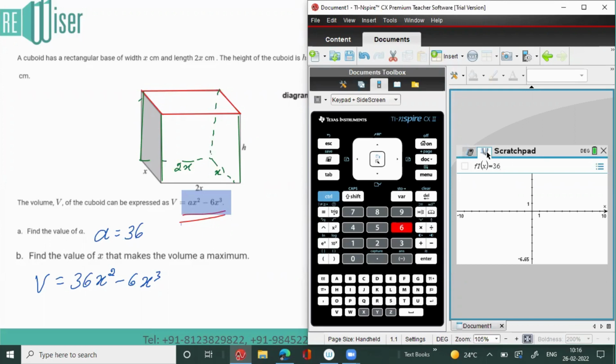When I plot this, 36x squared minus 6x cubed on the TI-nspire calculator, the graph is going to look something like this. I need to think about zooming out.